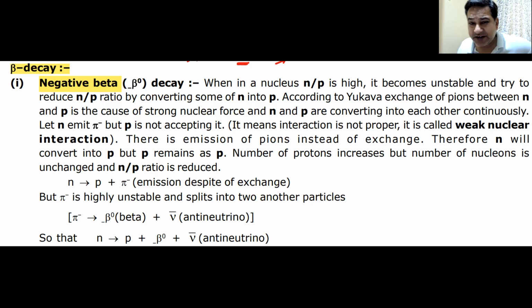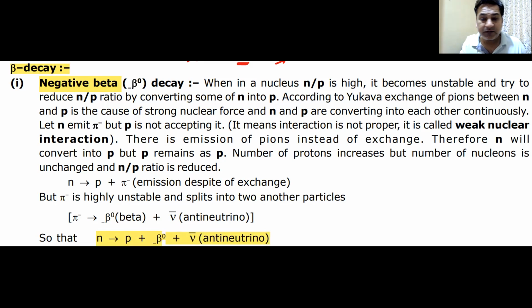Now it has been explained in great detail here, but we don't need that great detail. We only need this equation, and I am going to enhance it. We don't have to read the entire thing because it will be of no use.